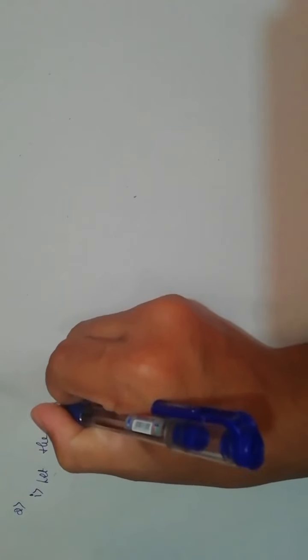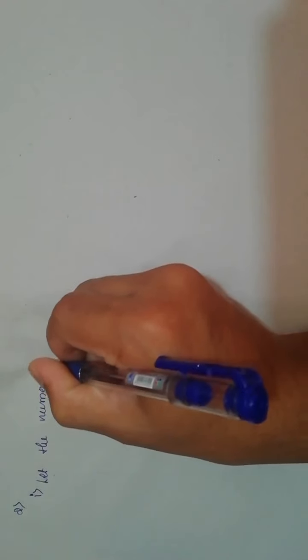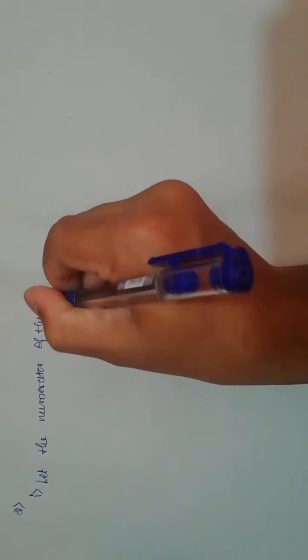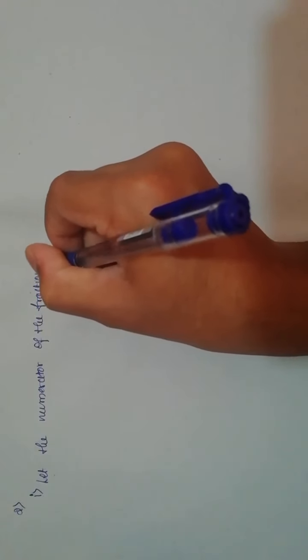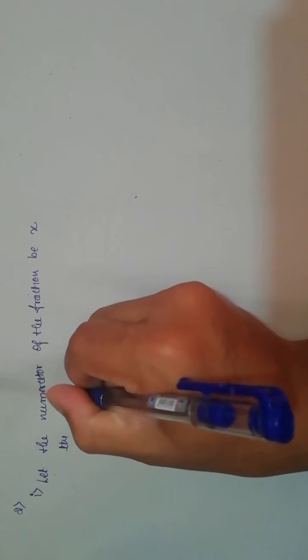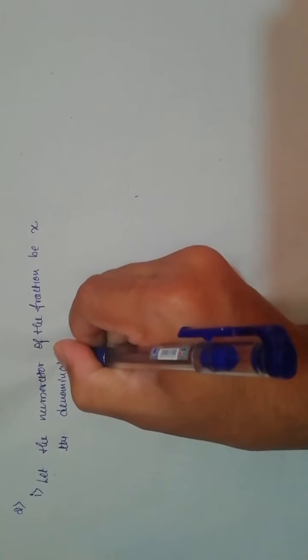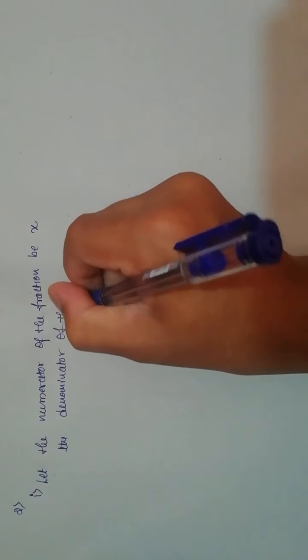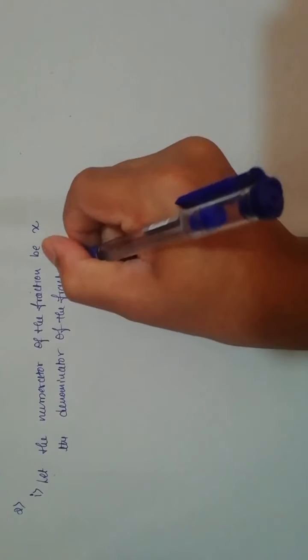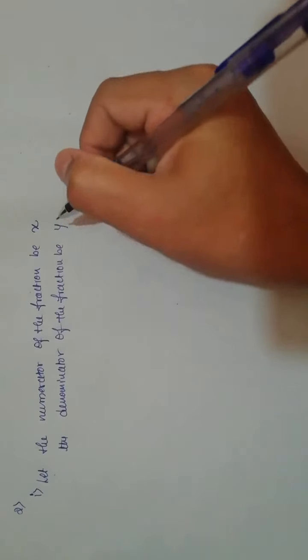Okay, so now the similar thing, you need to assign the variable for numerator and denominator. Numerator becomes x, denominator becomes y. Okay, so now write down here: let the numerator of the fraction be x, the denominator of the fraction be y.